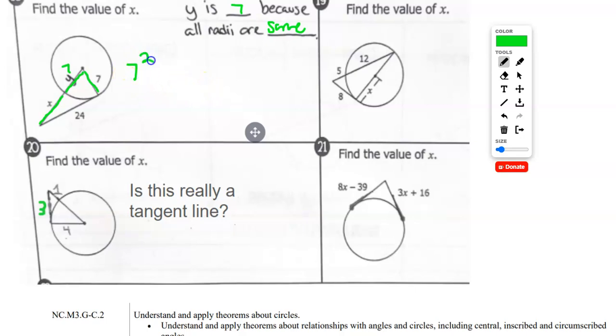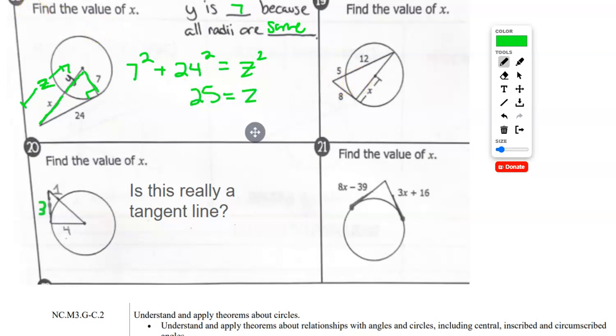So 7 squared plus, and the right angle is always the tangent and the radius, so my other leg must be 24. And then finally we're going to look for, you can call it z for the whole thing, or you can call it x plus 7. Kind of easiest to call it z. Just make sure your z doesn't look like a 2. A squared plus b squared equals c squared. It's going to come up to 25.